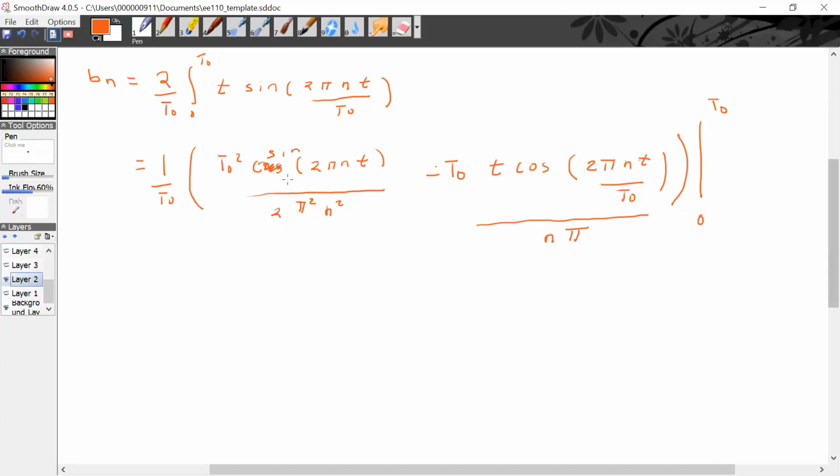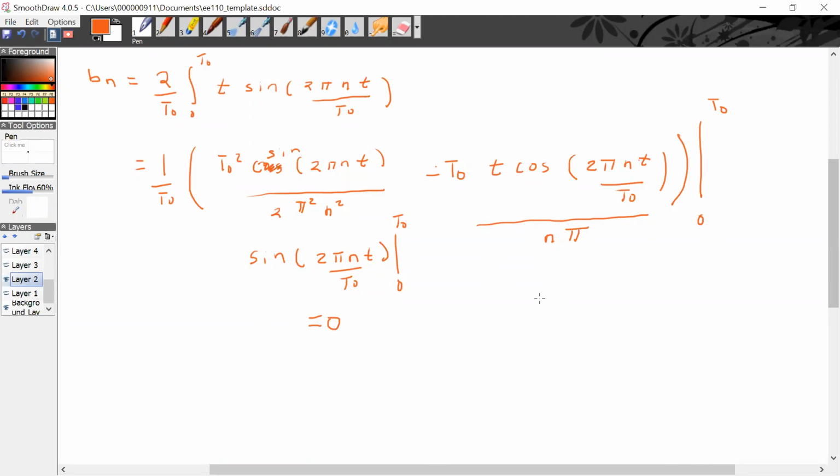Okay, if I look at the sine again, I'll just call that out. Either it's 0 because t is 0, or it's 0 because it's an integer times 2 pi, which is always going to be 0. So that's always 0.